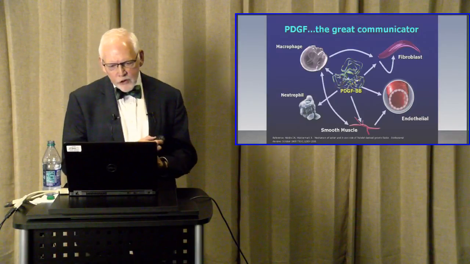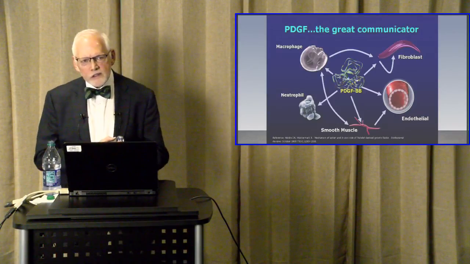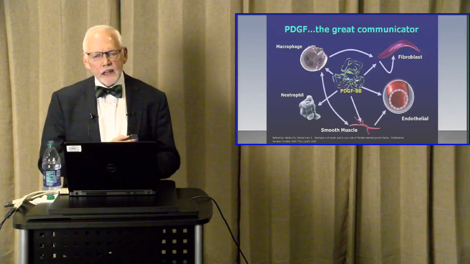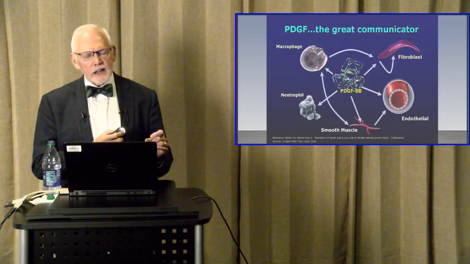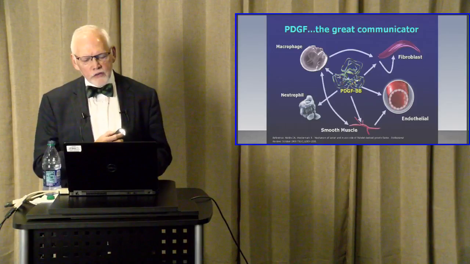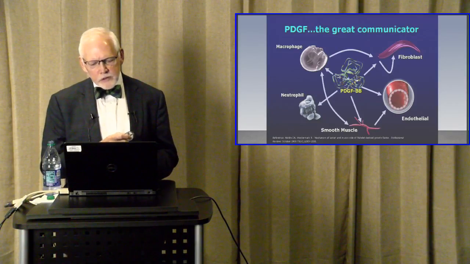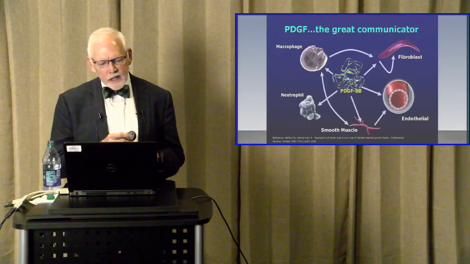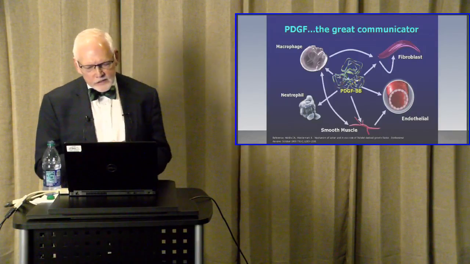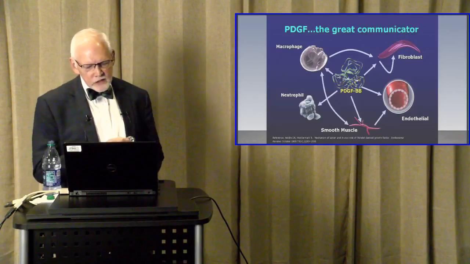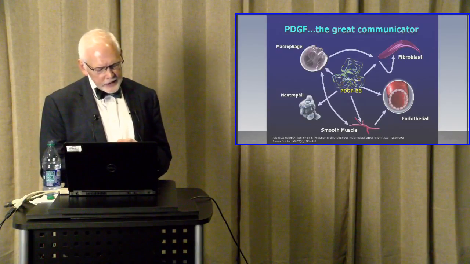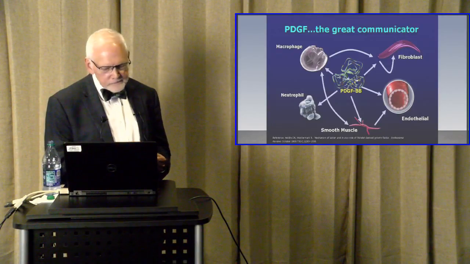So platelet-derived growth factor is one of the vasoactive substances that I mentioned. When platelets degranulate, they release platelet-derived growth factor, and it sort of is like the person who's leading the orchestra and is sending signals to all sorts of different cells to do what they need to do to get the wound to heal.